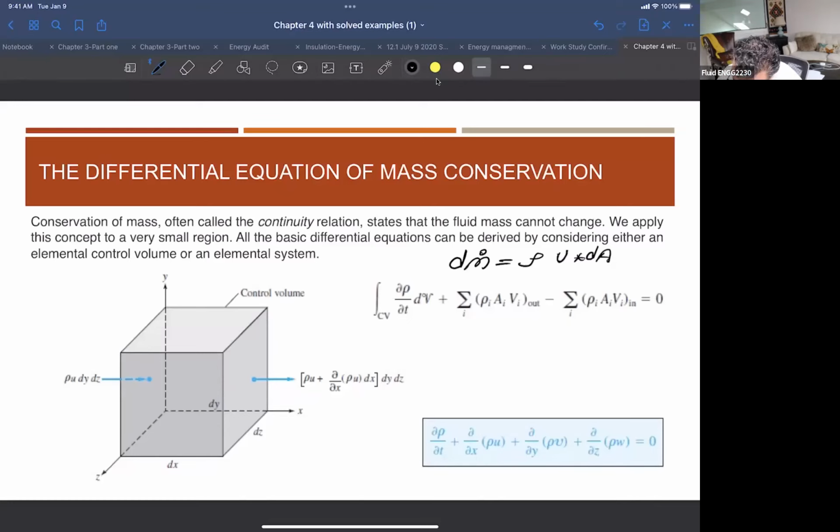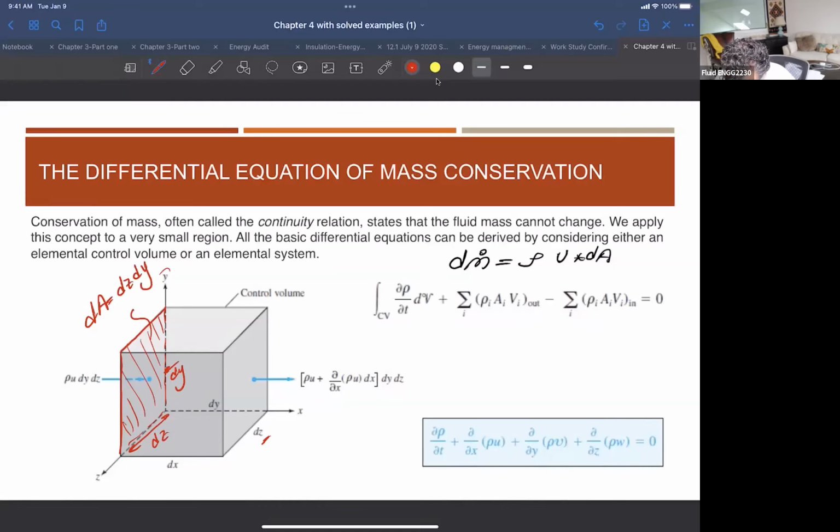So what is the area here? This is dz, and this is y, so this is dy. So the area here is dz dy.